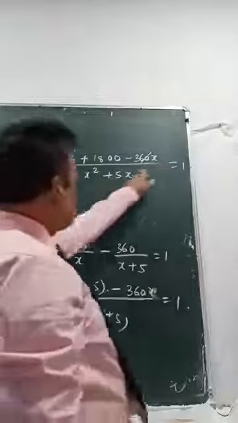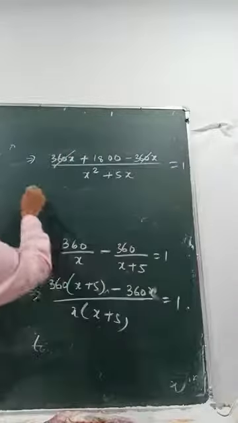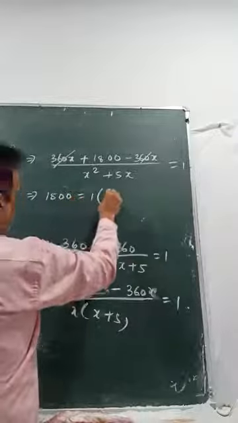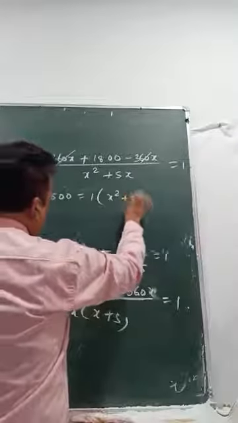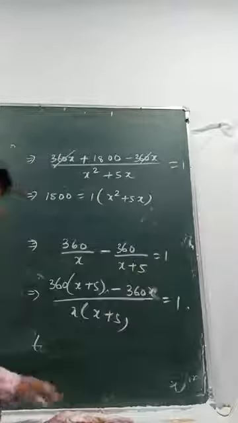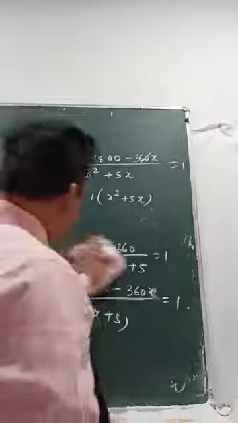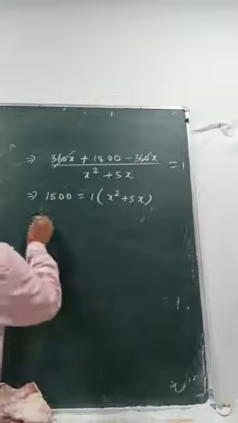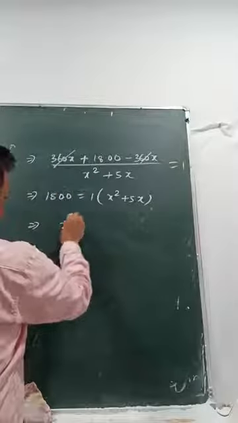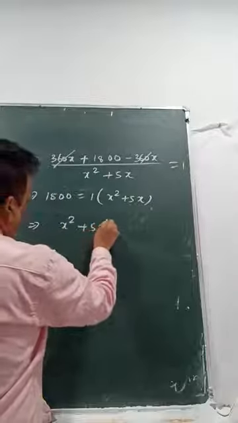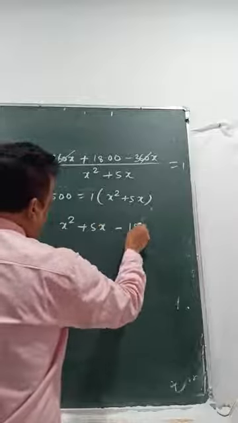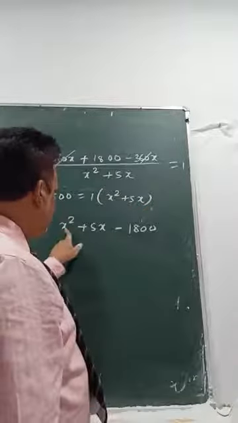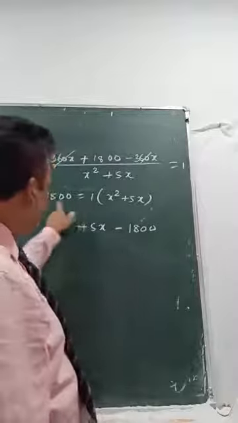Cross multiplication, this will go here. 1800 equals 1 into x square plus 5x. Okay, then take this one to that side. x square plus 5x minus 1800. Here is the mistake you make. This one is changing side, means plus will be minus.